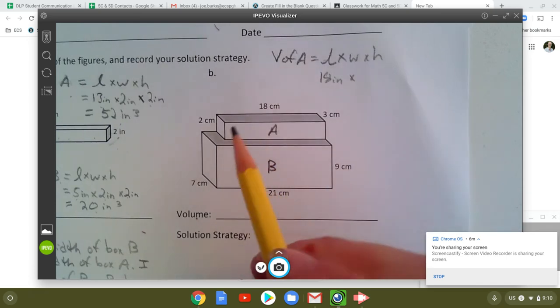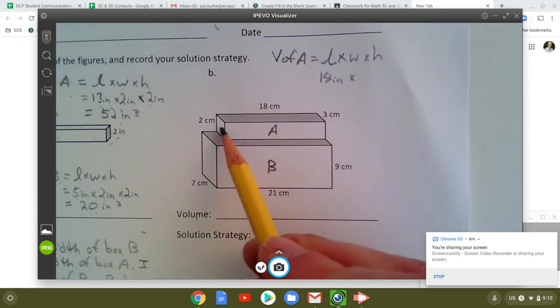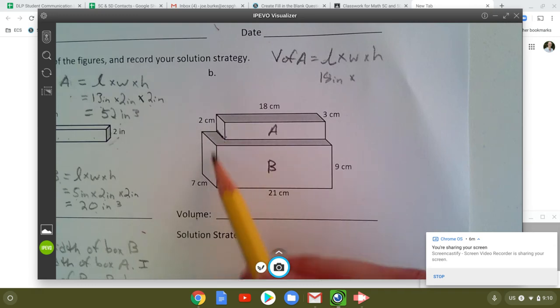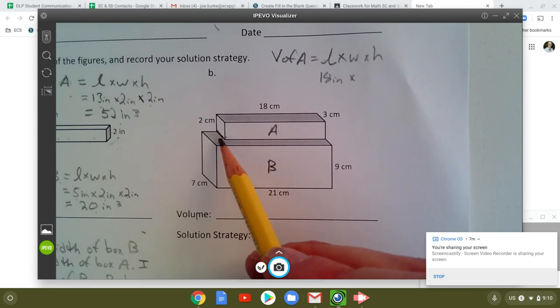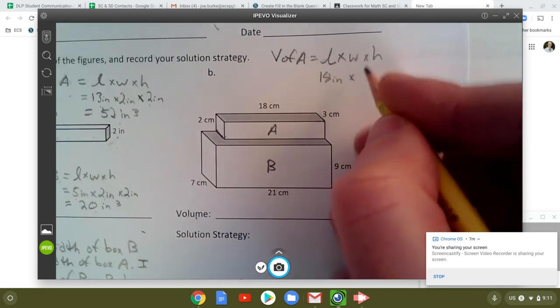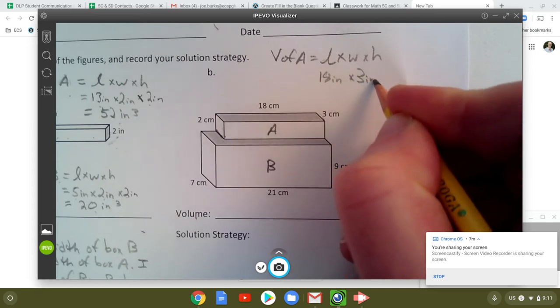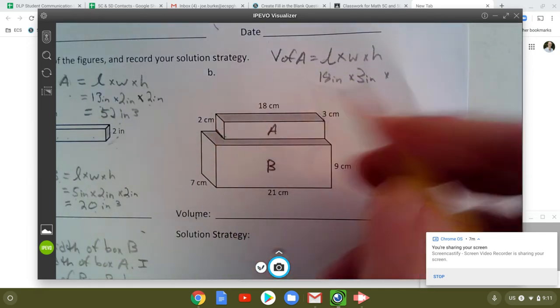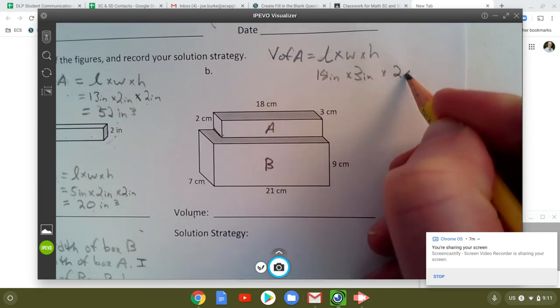So the width of this looks like it's sitting on top of this one. So the width, the depth of this one is a little bit tricky. Well, I was going to start saying what's 7 minus something, but I've got 3 right there, so that's the same thing. So I'm going to use that. That's the trick. And then the height is 2.